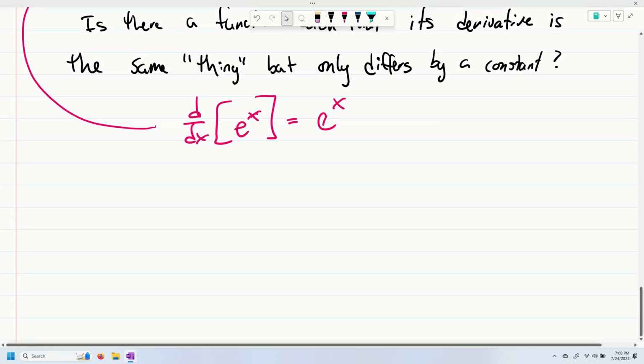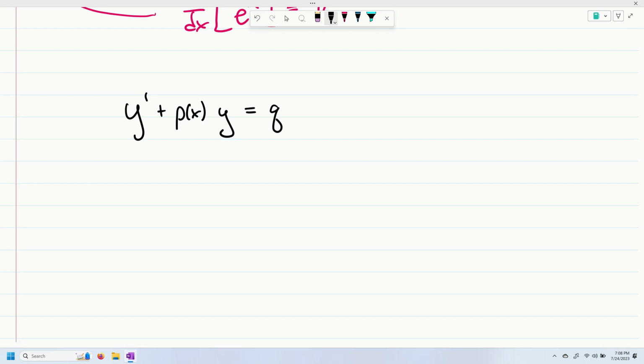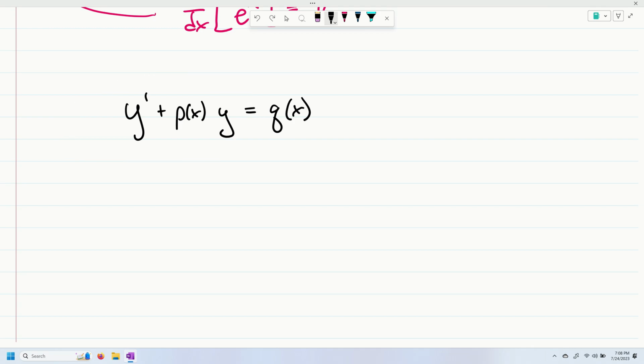So the first thing we're going to do is start with y prime plus p of x times y equals q of x. Now, like I said, we know on the left-hand side here, we kind of got that product rule, but we're missing that function. So let's call the unknown function, we'll just call it u of x.